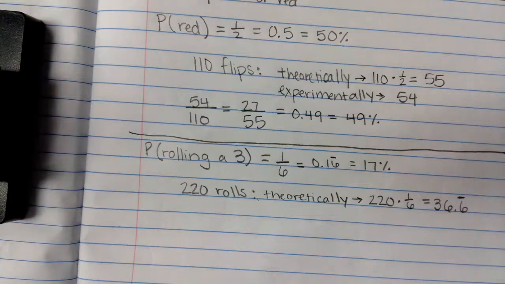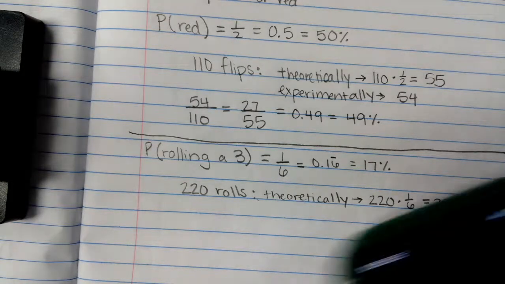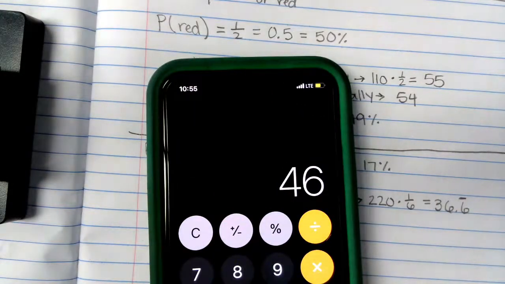Yeah, surprisingly. We got it 46 times. So, that time, were we close? It feels really far off, but this time we doubled the amount of times that we were rolling our dice.